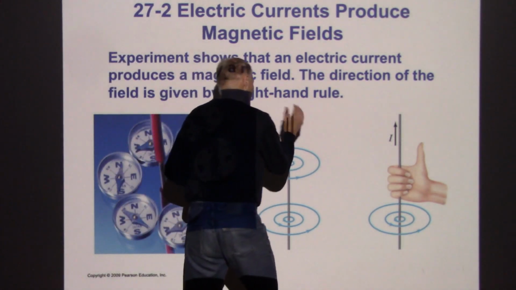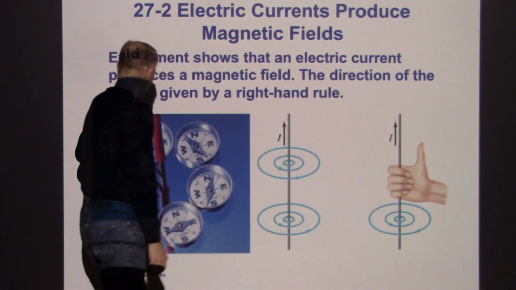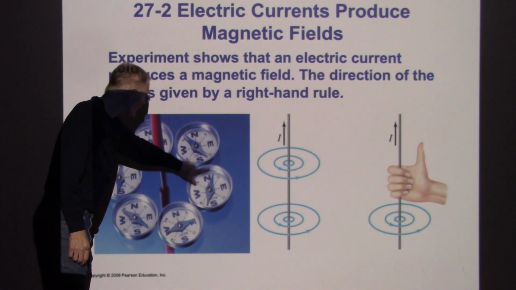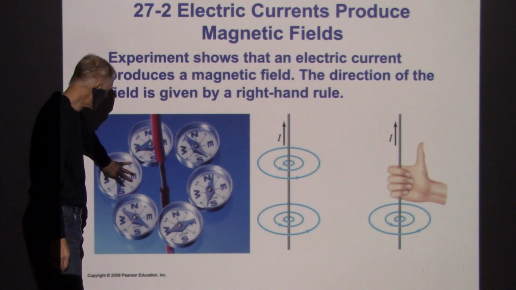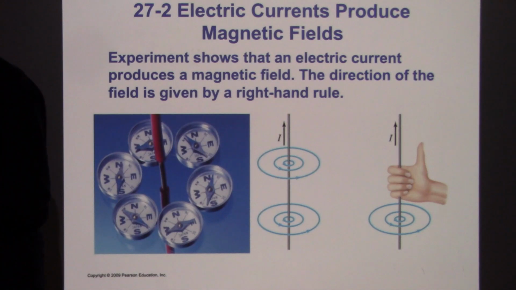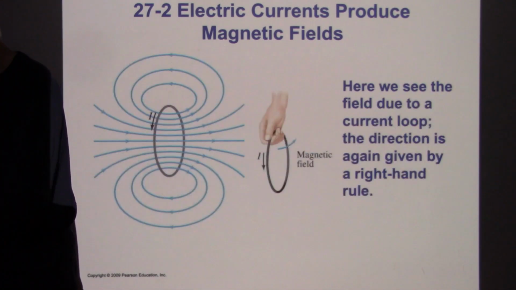And so we're going to get these right-handed loops, and it's just showing that we're observing that there is a magnetic field set up because these compasses, which are also magnetized, are responding to the magnetic field being generated in that wire.